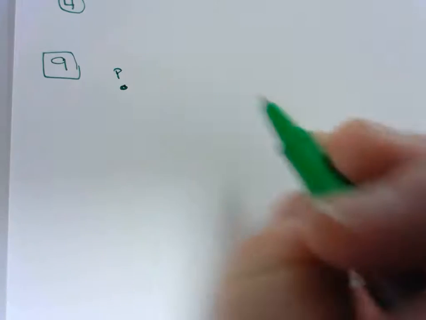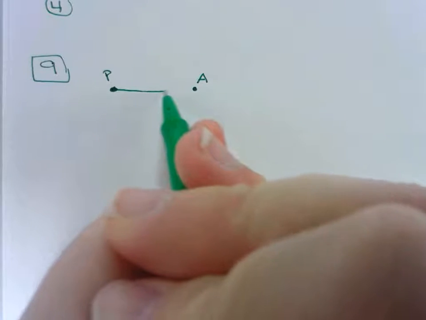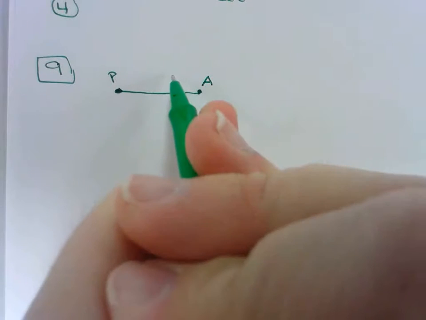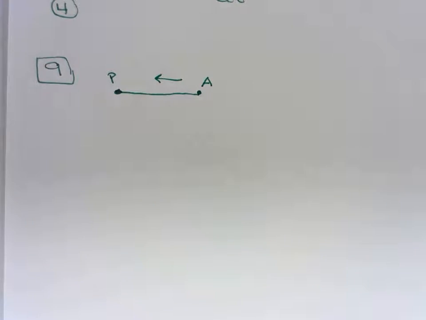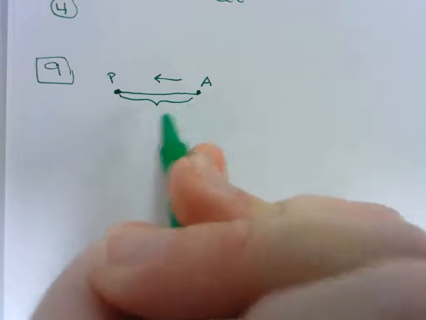Ship A is 15 miles east of P and is moving west. So let's draw a picture. Here's P. Ship A is 15 miles east of P, so I know this distance is 15.